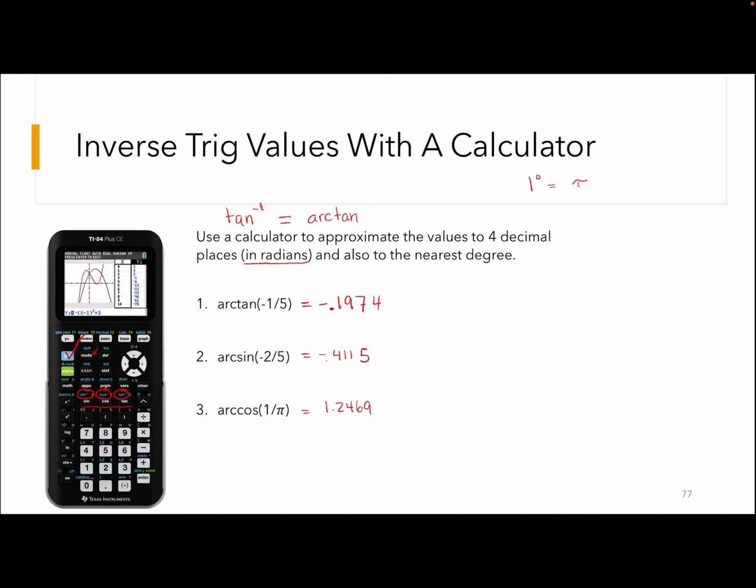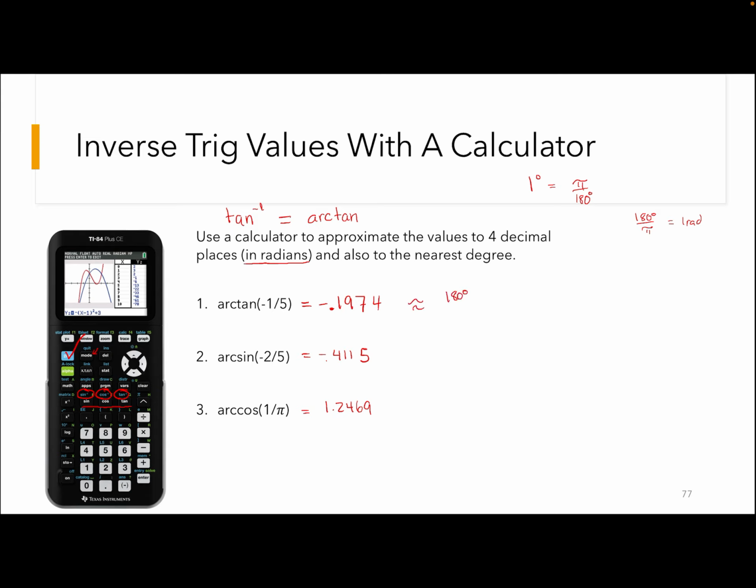So remember, 1 degree is equal to pi divided by 180 radians. Or we can do 1 radian is 180 degrees over pi. So we could also put the calculator in degree mode, but this gives us a chance to go back and practice that skill.